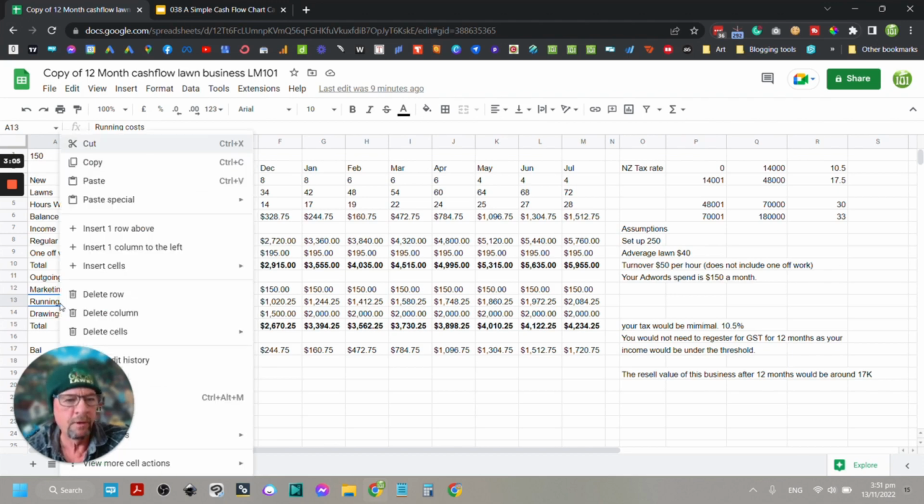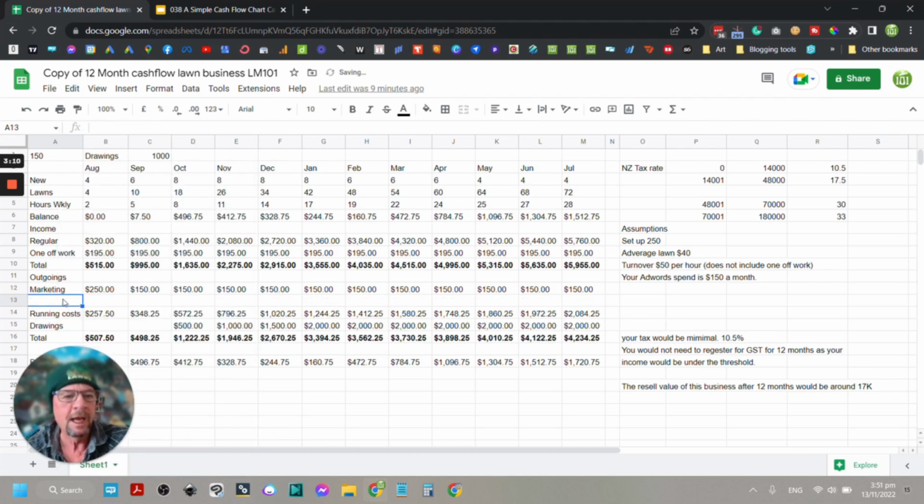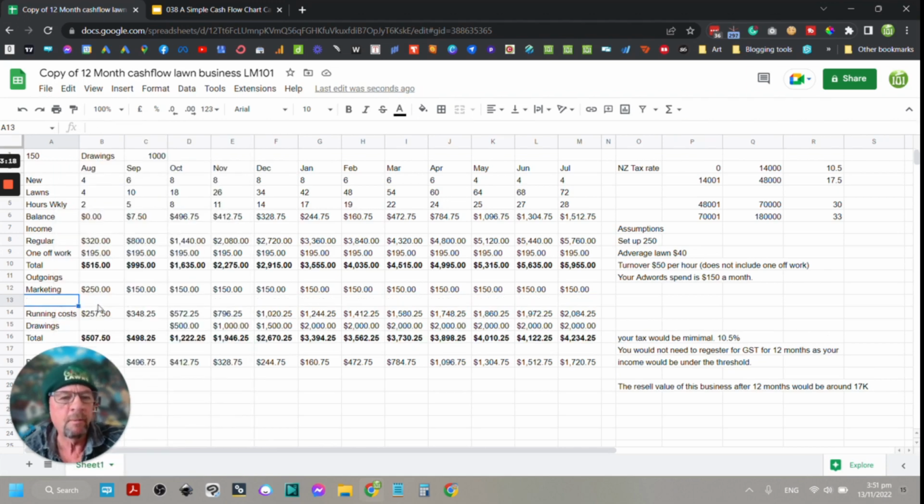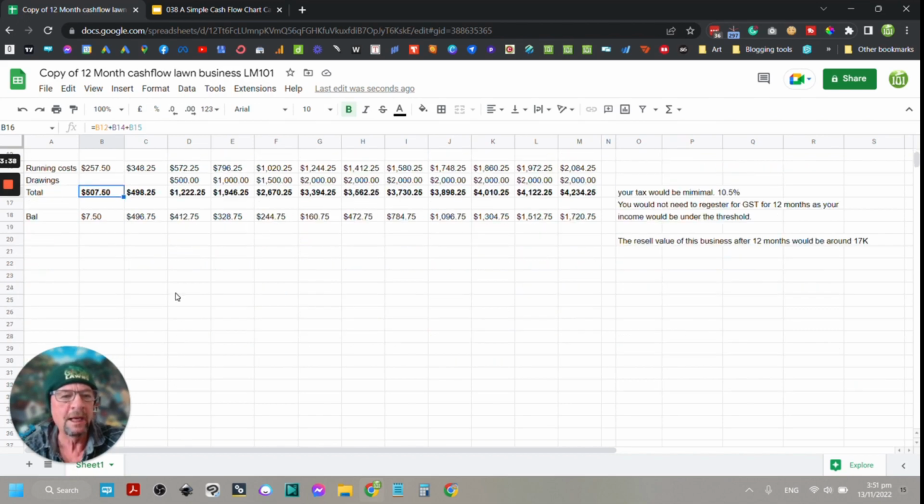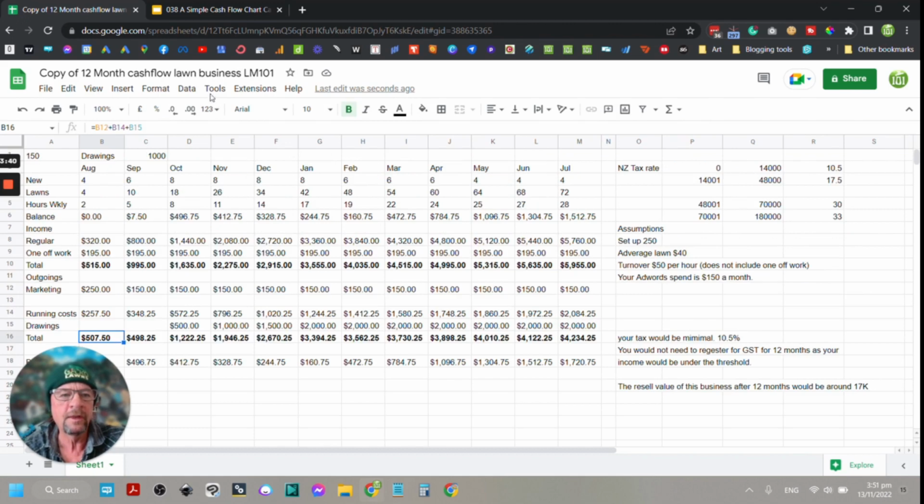If you were going to use this, you just insert one column above, and you'd put in a column for petrol, a column for mower repairs, one for stationery, just all the outgoings that you have for your business. And then you put your drawings in there, and it adds the whole total together, and you can see that your balance is $7.50. So that's what you're actually carrying into the next month.